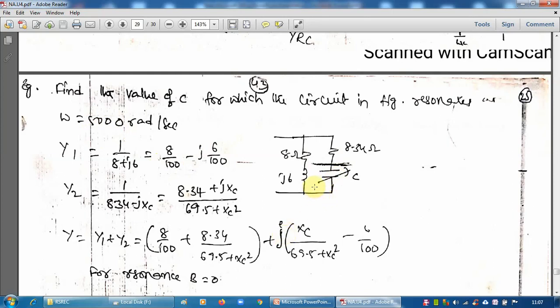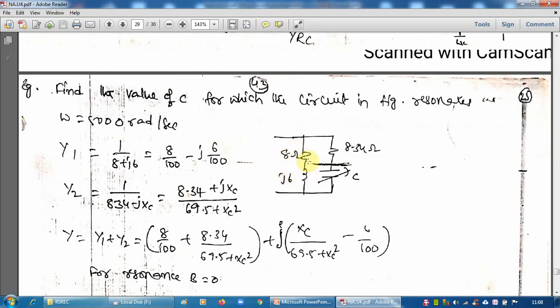As it is a parallel circuit, what we should do? Express this as Y. How to write it as a Y? First write the impedance of this. Impedance of this is nothing but R plus jXL, that is 8 plus j6.